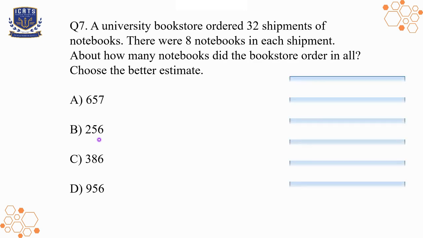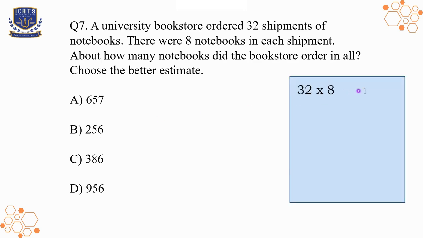To find that out, we can multiply 32 by 8. Here, 8 2s are 16, so 6 will come down and 1 will be given as carry. Then 8 3s are 24 and 24 plus 1 is equal to 25. It means that the number is 256. So we will select option B here.